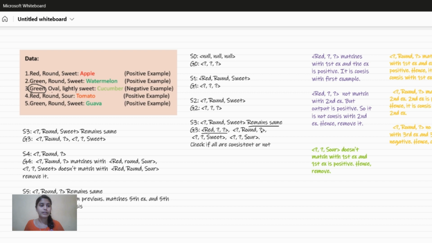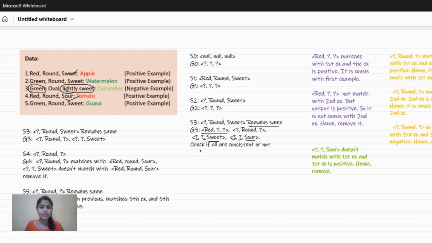Now I will compare the third attribute with all the possible opposite values. Here we have sweet, and we have sour. So I have kept a question mark, question mark, and sweet, which is the opposite of lightly sweet, and a question mark, question mark, and sour, which is also the opposite of lightly sweet.